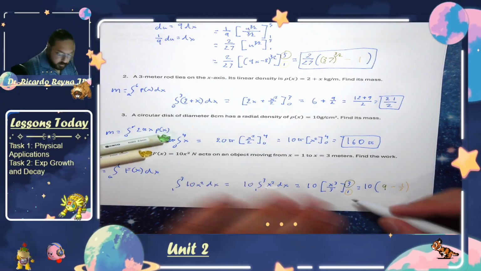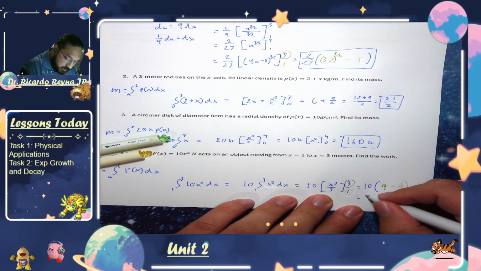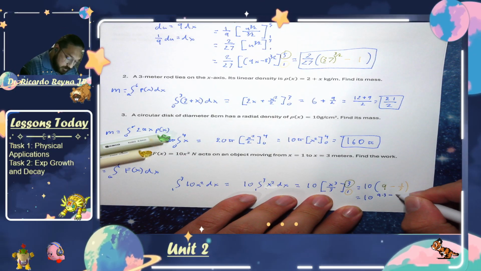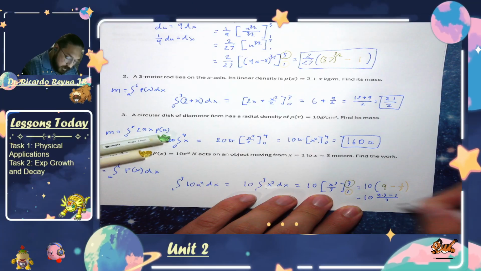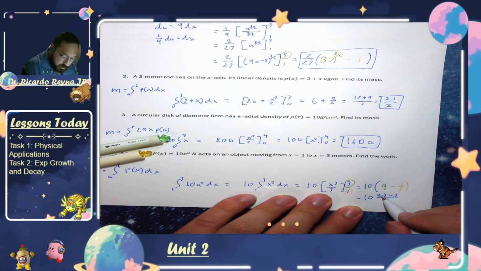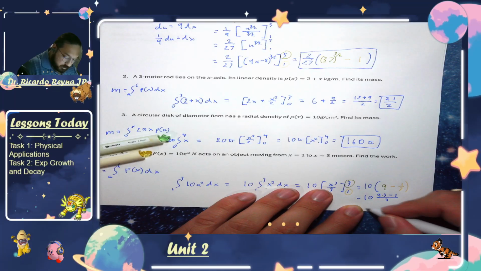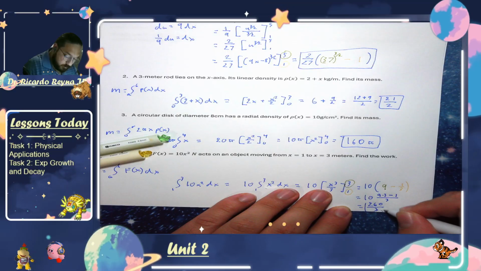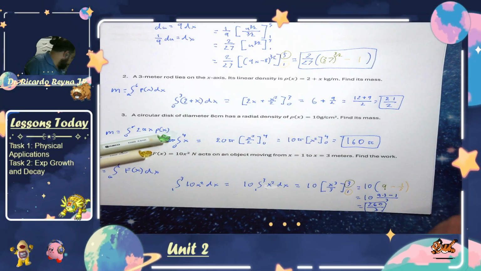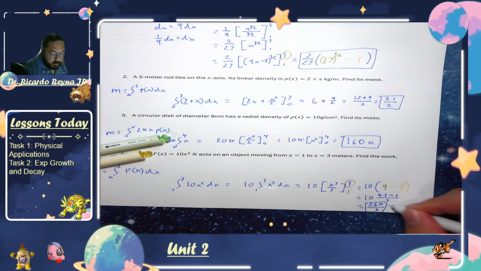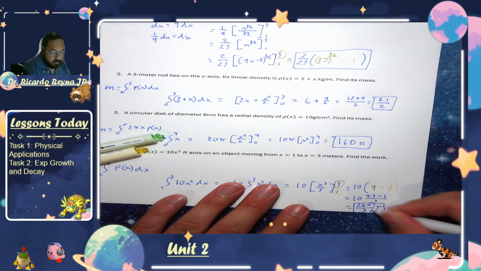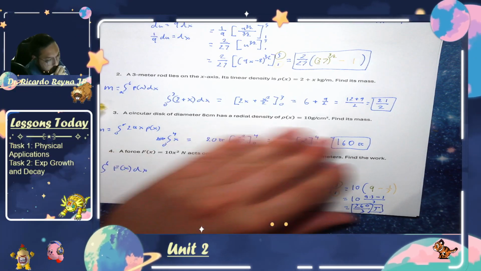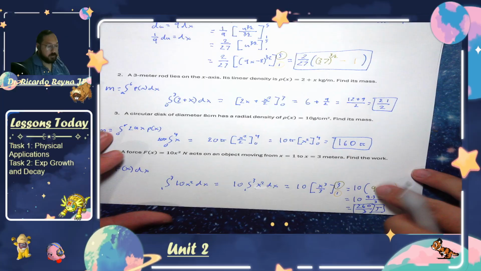From here, we can make that into one fraction. We got 9 times 3 minus 1 over 3. So 27 minus 1 is 26, and then times 10, so 260 over 3. Oh, joules for this one, right? Okay. All right, that's pretty much it for this side of the group work.